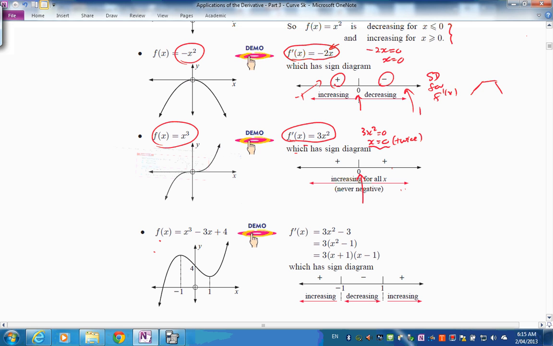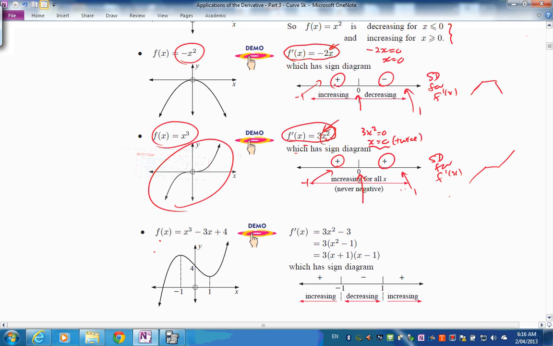Put it on a little bit of the x-axis there, label it, sign diagram for f dash x, sub in a value into the derivative, 1 will be positive, -1 will be positive because it's a square here, sub in 1 will be positive. Oh, what's happening here? Let's map it. Positive, flattening, positive.